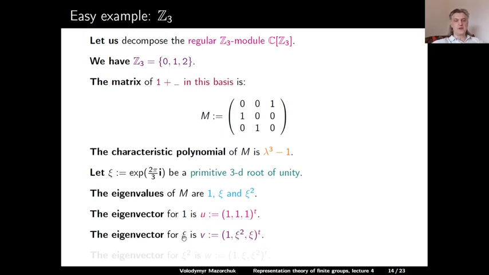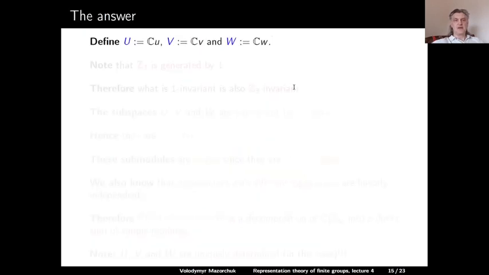The eigenvector for xi is (1, xi squared, xi), and the eigenvector for xi squared is (1, xi, xi squared). So now let us define U as the subspace generated by the eigenvector u, V the subspace generated by the eigenvector v, and W the subspace generated by the eigenvector w.